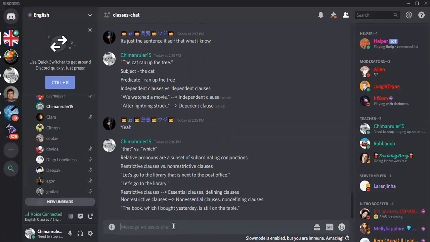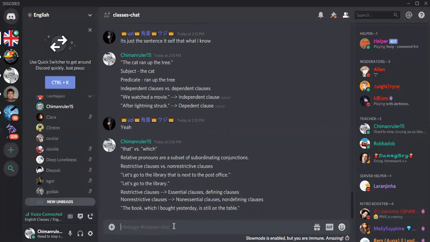Now we have this sentence. The book, which I bought yesterday, is still on the table. So here we have two clauses. The book is still on the table, that's the first clause, and which I bought yesterday is the second clause.